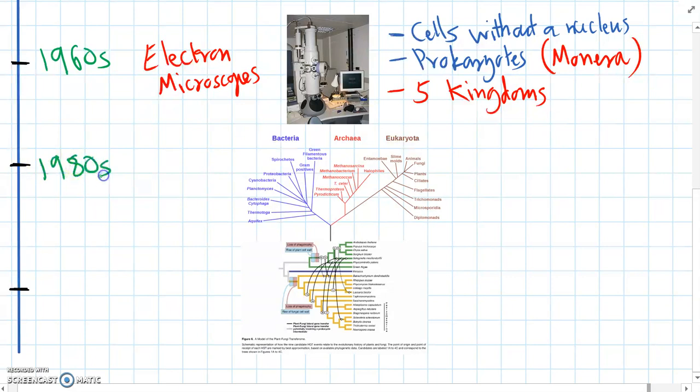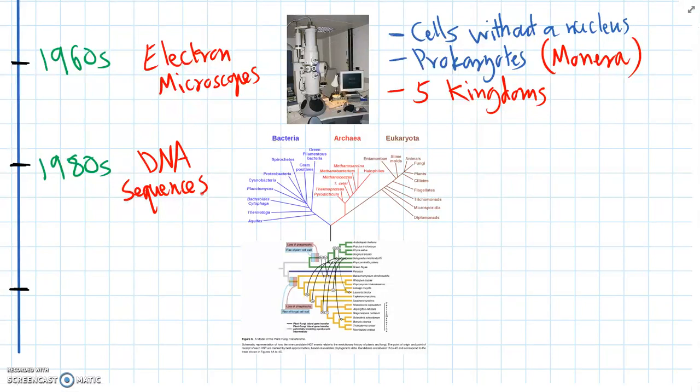Then, moving on to the 1980s, there were a lot of DNA technologies starting to be developed, where we could actually read the sequence of the DNA to compare how closely related different organisms were.